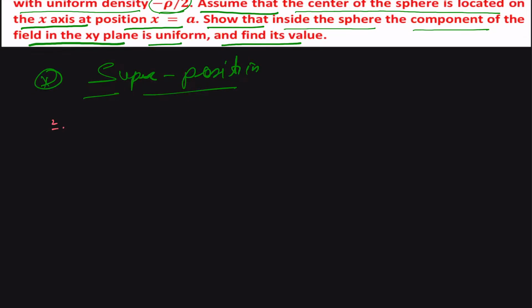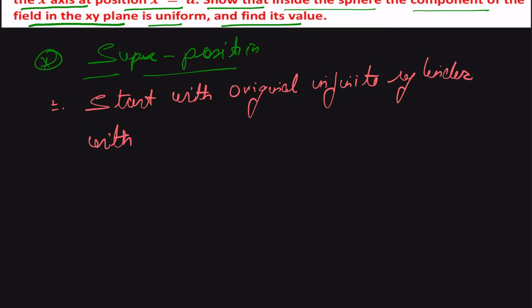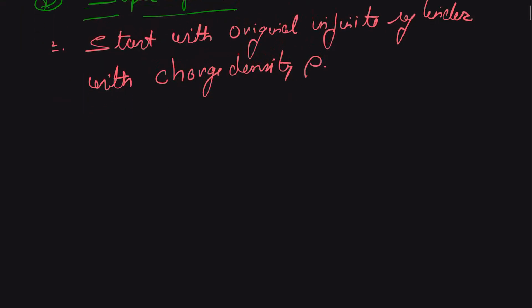In step number 1 we are going to start with our original infinite cylinder with the charge density as rho. This is step number 1.